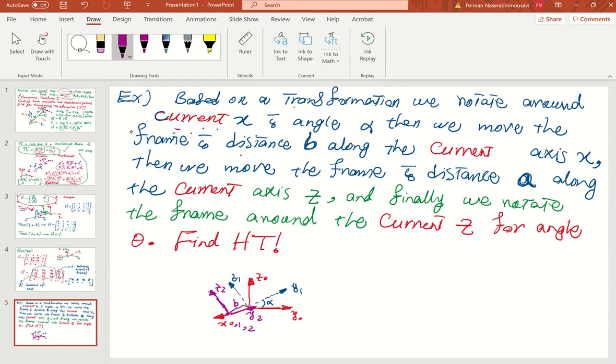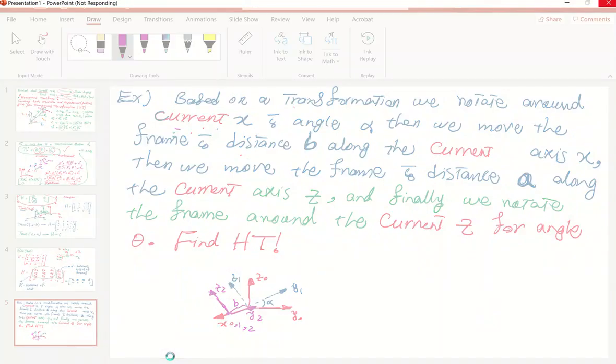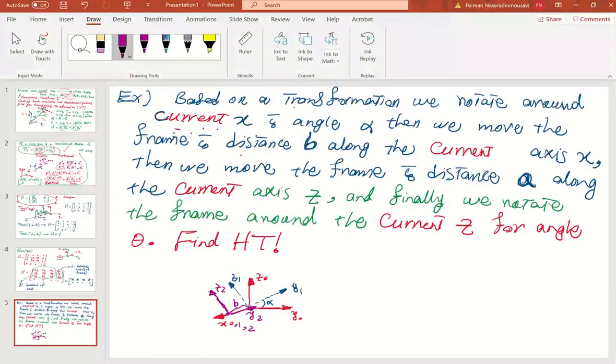Then we move the frame to distance A along the current Z axis. This is Z, that's right. So we are moving to distance A. Suppose we are moving to the origin of that.